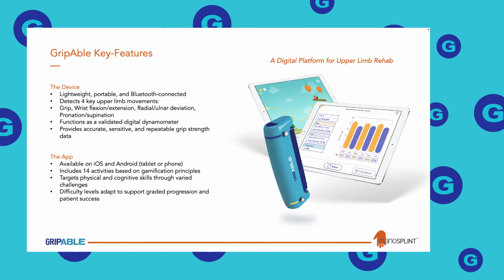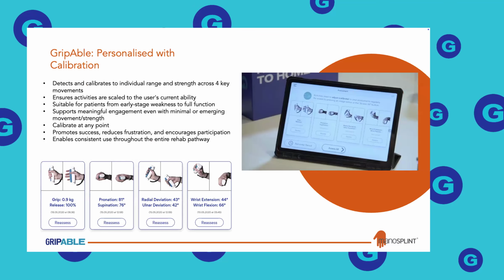Okay, next slide. Thanks. As well as their built-in increased challenge through the different levels, they get harder as they go through, GripAble can also be calibrated to an individual's abilities, and this is the really great bit about GripAble. When you first set up the device, the app will ask you to measure the patient's available wrist range of motion and their grip release.